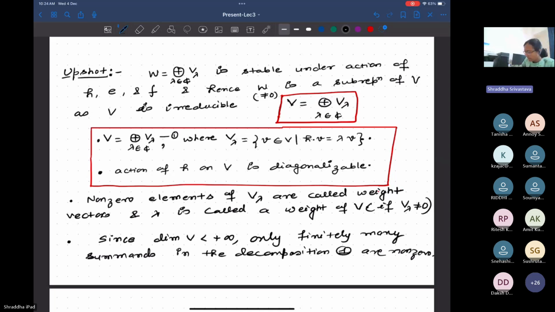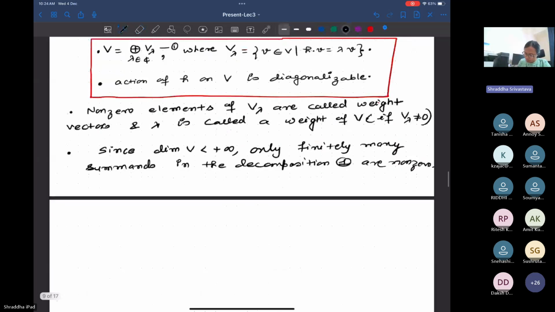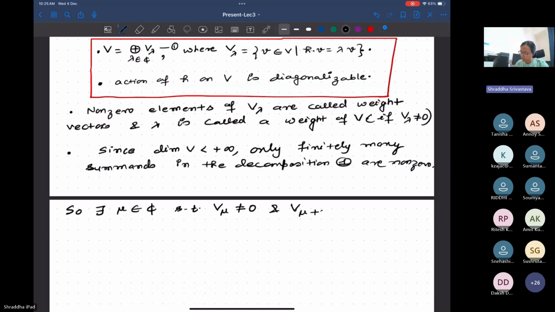Okay, so what does it say? It says that there exists some complex number mu such that V mu is non-zero, and V mu plus 2k is 0 for all k belonging to the natural numbers.